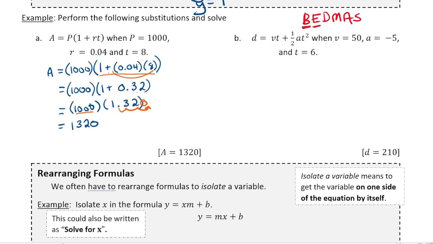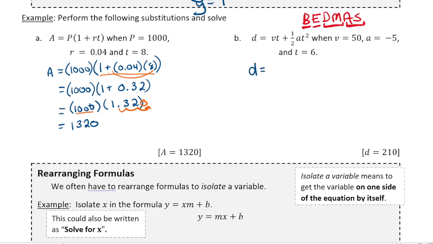Then exponents. Then division or multiplication in order from left to right. And finally, addition and subtraction from left to right. And if there's complicated stuff in brackets, you do BEDMAS inside the brackets as well.